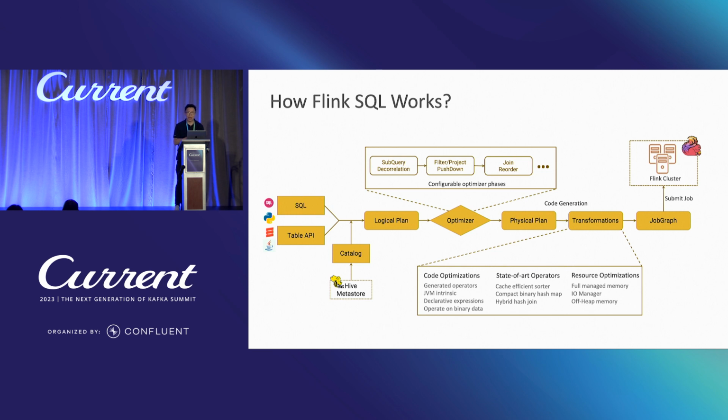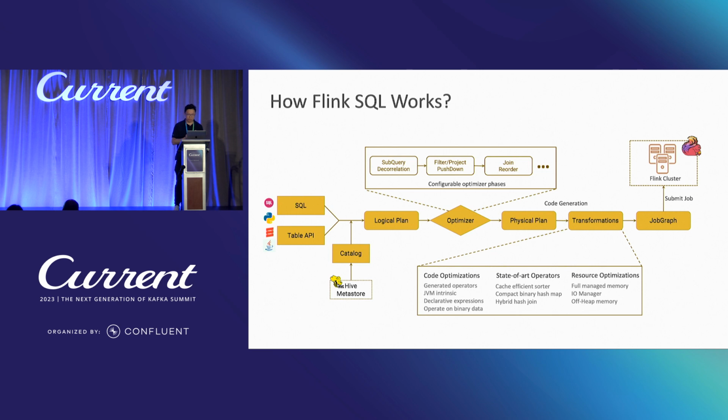The Hive catalog is the only persistent catalog in open source. And I think there should be a Confluent registry catalog too, but this is not ready in open source.